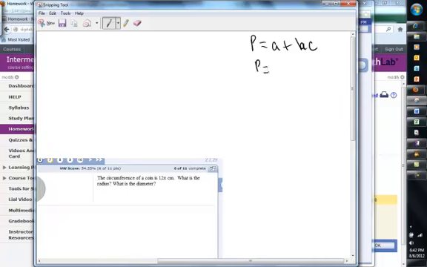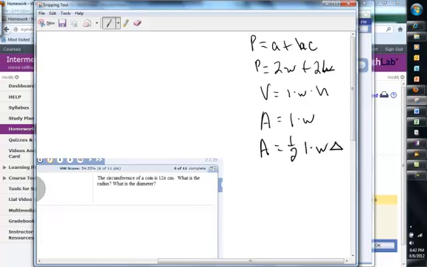Perimeter of a rectangle is twice the width plus twice the length. Volume of a rectangle is length times width times height. Area of a rectangle is length times width. Area of a triangle is 1/2 length times width. And then area of a circle is pi times radius squared. And circumference of a circle is twice pi times the radius.